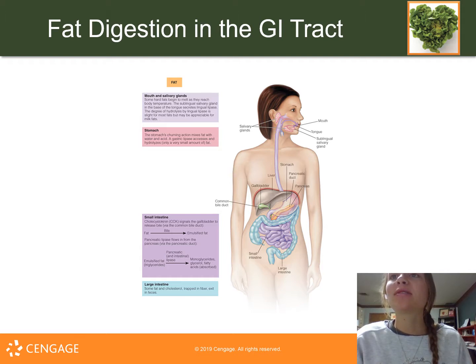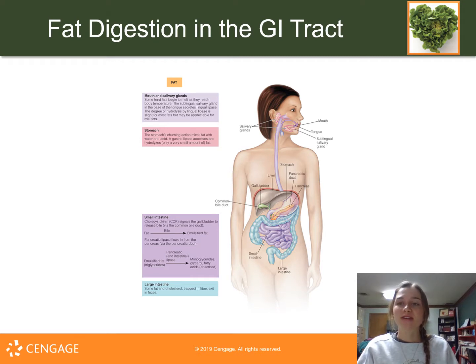Once it enters the stomach, churning action mixes the fat with the water and the acid, that's being its own emulsifier. And the gastric lipase accesses and hydrolyzes, again, only a small amount of fat because most of the breakdown and digestion of fat occurs in the small intestine so it can be properly absorbed.